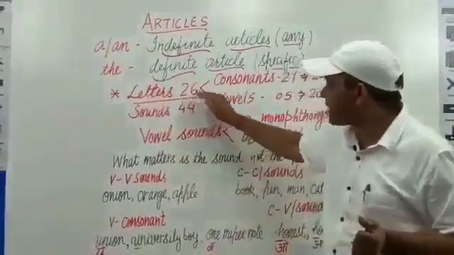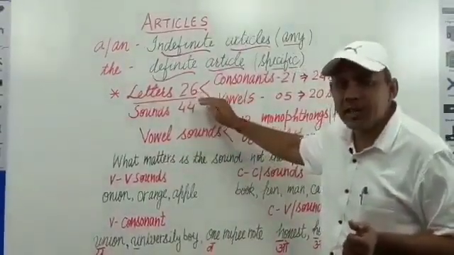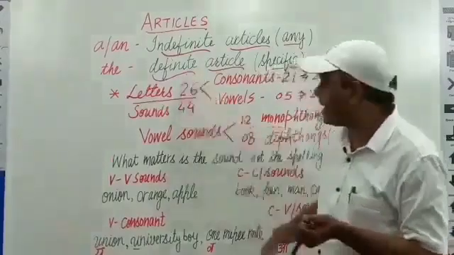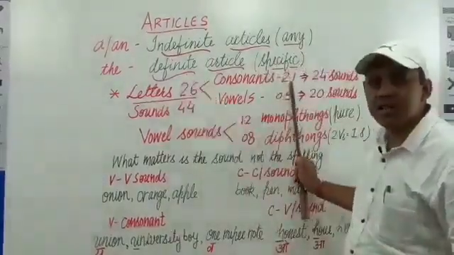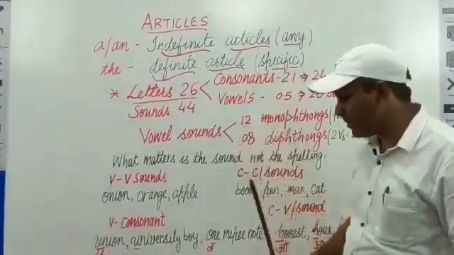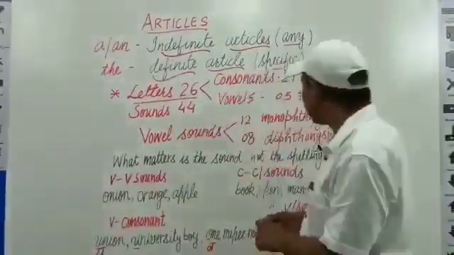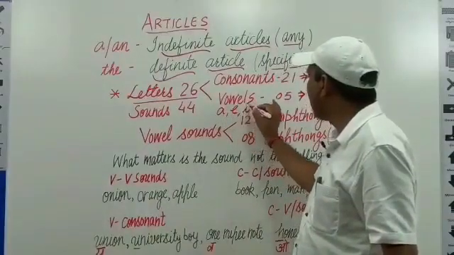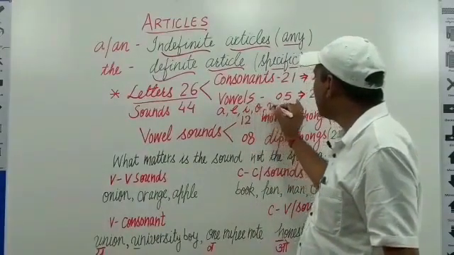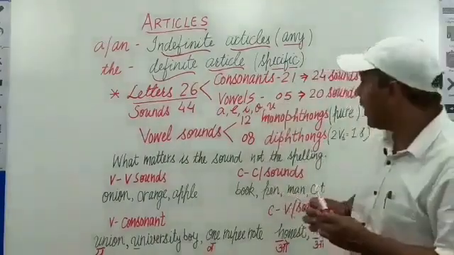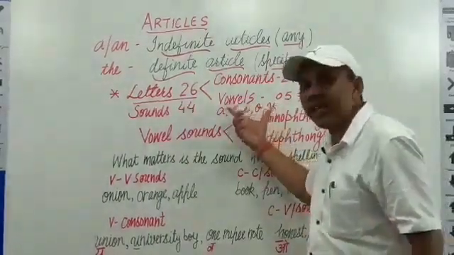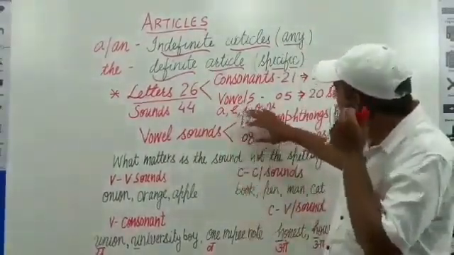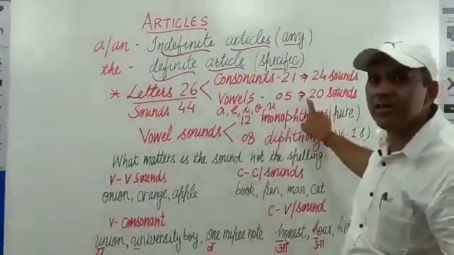As you know, 26 letters A to Z produce 44 sounds. And out of these 26 letters, there are 21 consonants and 5 vowels. Which letters are vowels? A, E, I, O and U. These 5 letters are known as vowels. They produce 20 sounds, not 5 sounds.